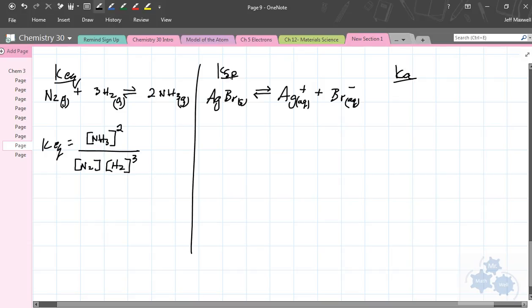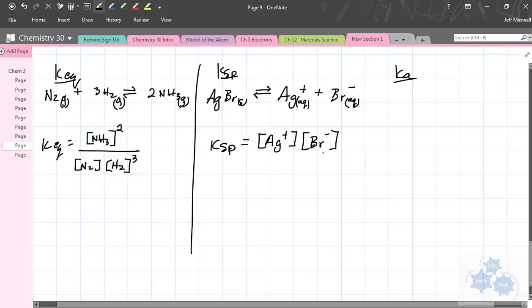It comes from the Keq style of expression, but because the AgBr here, silver bromide, is a solid, remember that its concentration really doesn't fluctuate. It's just the amount that starts to go away. So we wouldn't include this in the Ksp. So the Ksp expression then is what? Yes, concentration of Ag+ times the concentration of Br-.